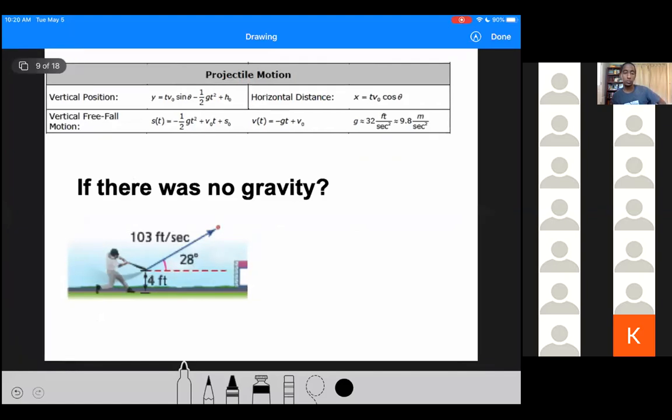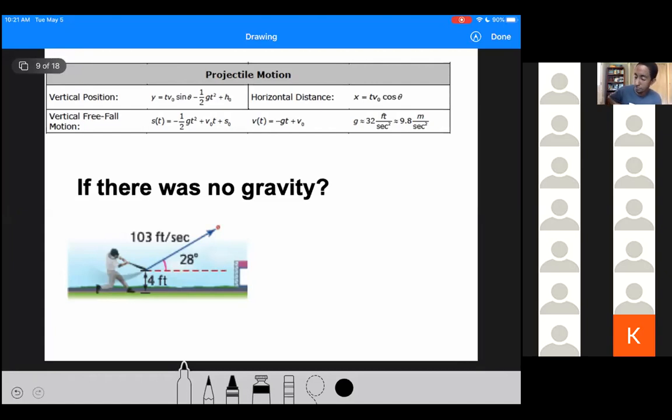So let's kind of start this problem by thinking about if there was no gravity. So if this person was on the moon, there was no gravity, then when this ball is hit, what would happen to the ball if there was no gravity? And there was nothing in the way of the ball.